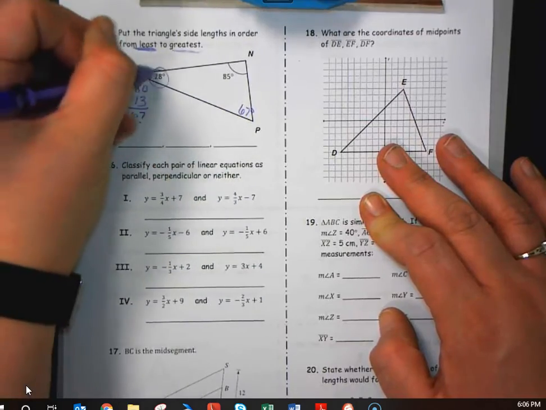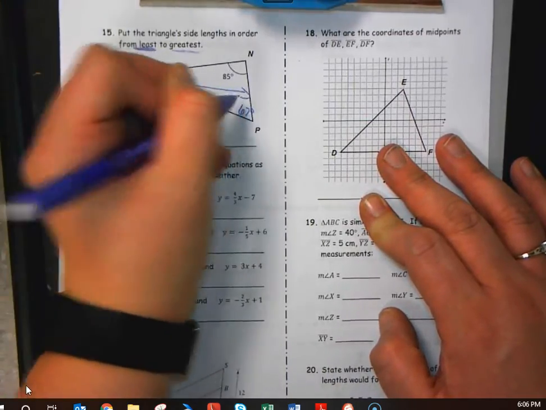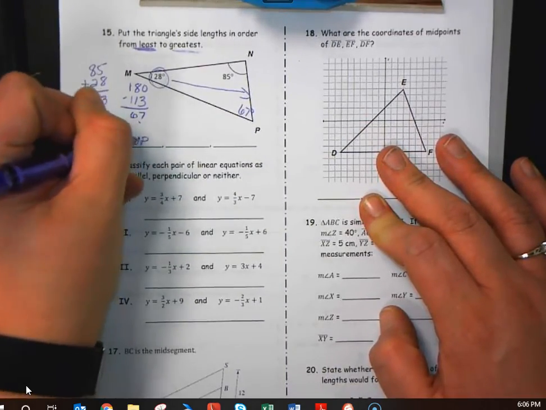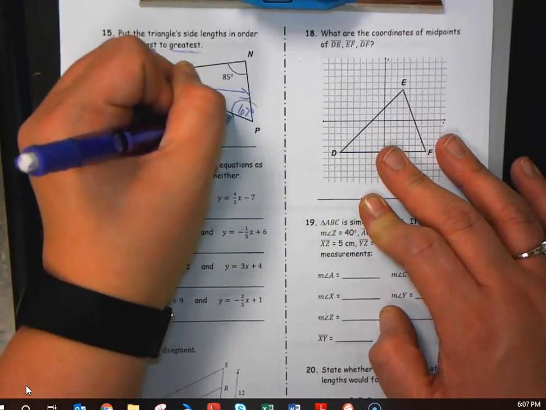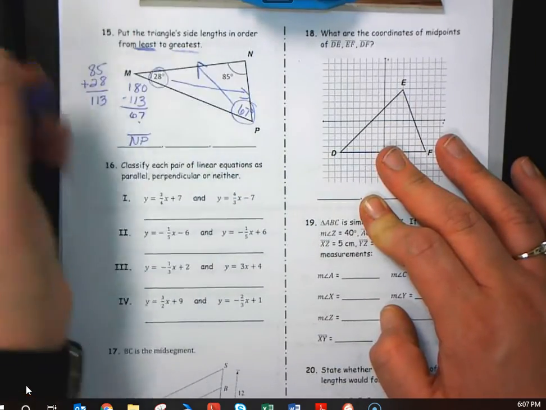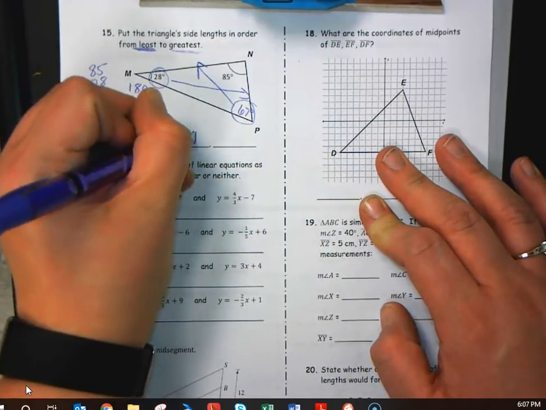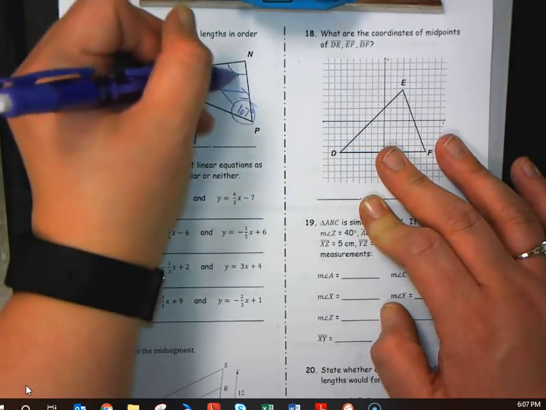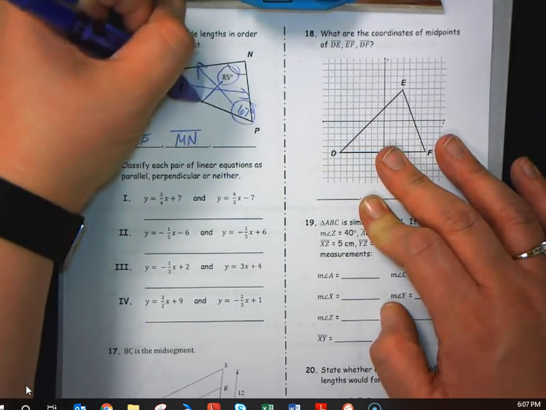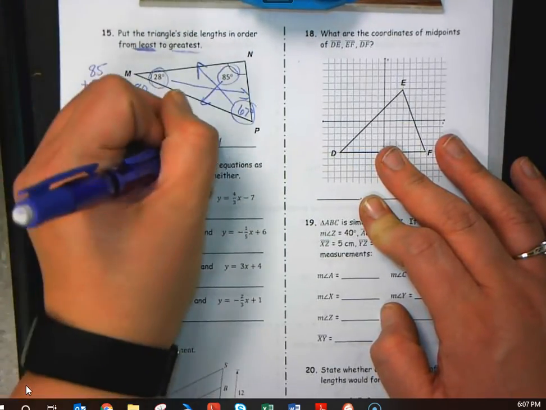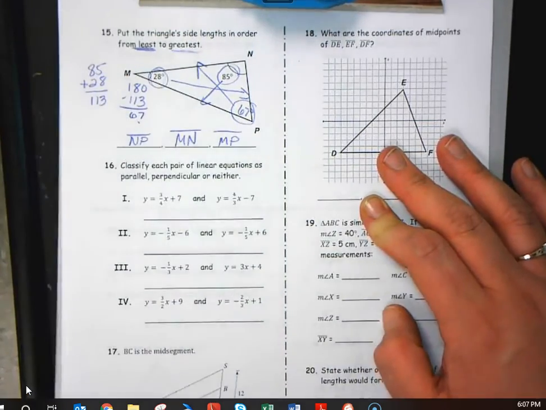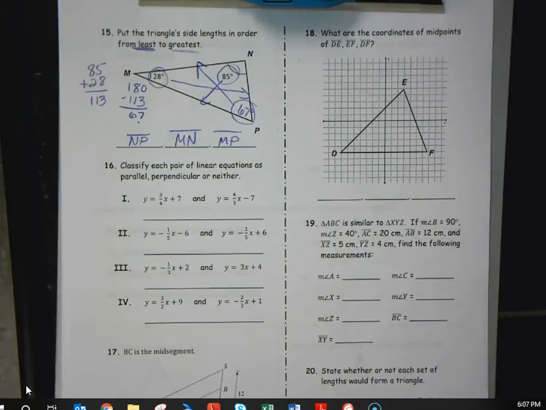So we're going to find our smallest angle and go straight across. So that's NP. Find our next smallest angle, which is 67. Go across. That's MN. And finally, our last angle, go across, and that's going to be MP.